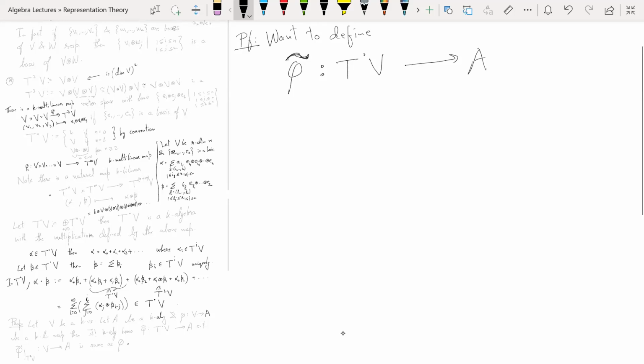There is some structure map, which the data is not given. So let's try to write that information.